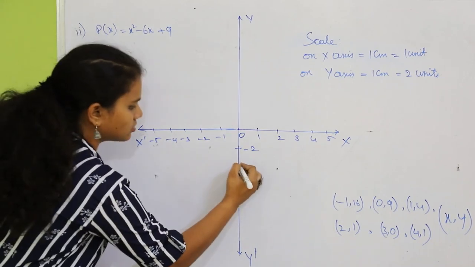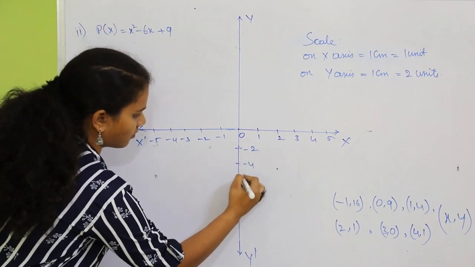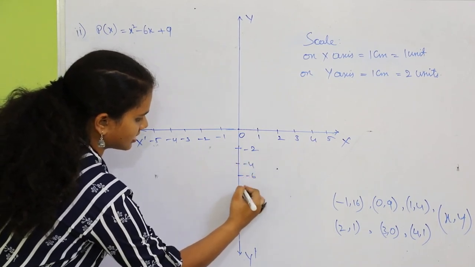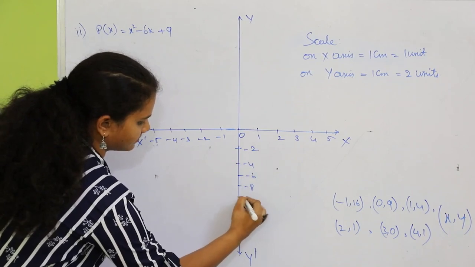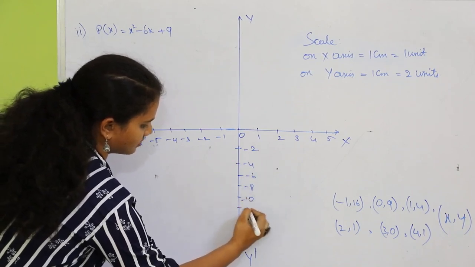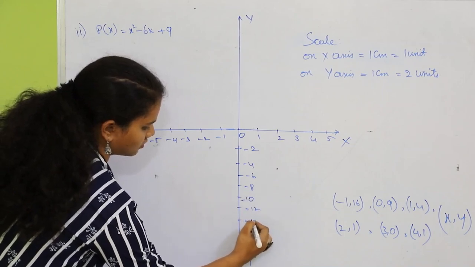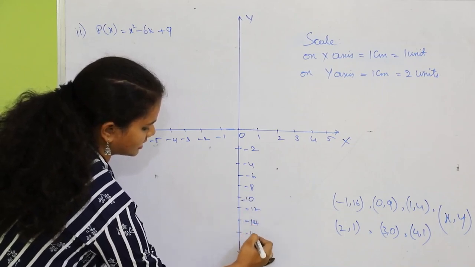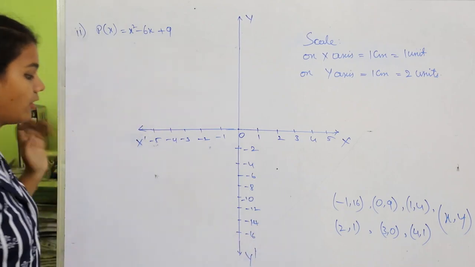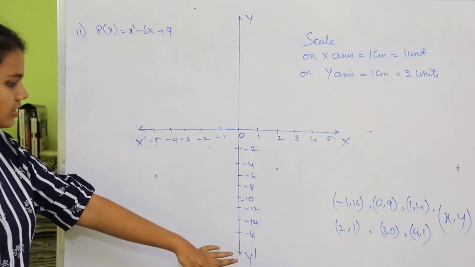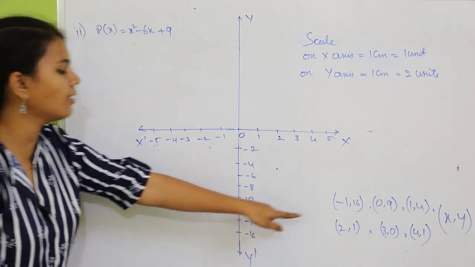Minus 2, 4, 6, minus 6, 8, 10, minus 12, 14, minus 14, 2 eights are minus 16, 2 nines are minus 18. I don't need minus 18; it's enough with the 16 already. Here you have positive 16, right?